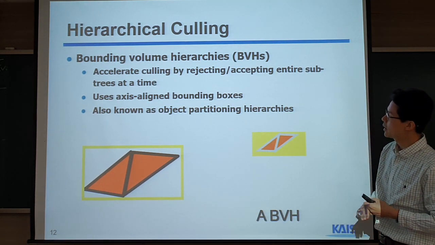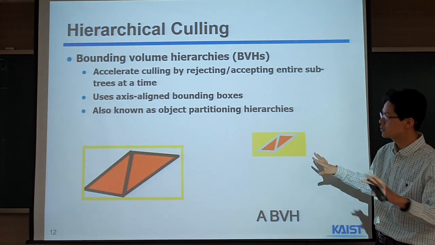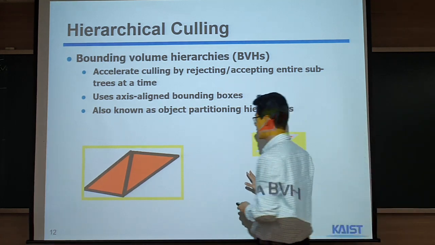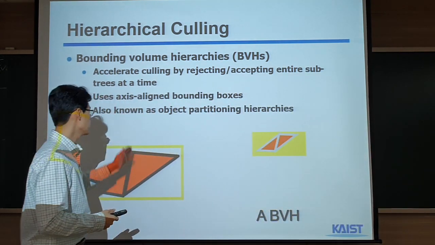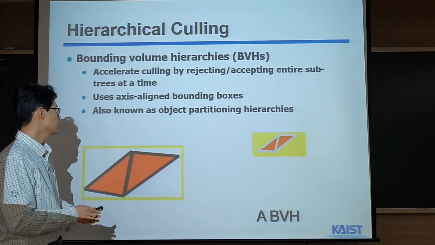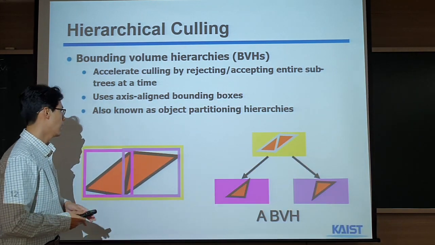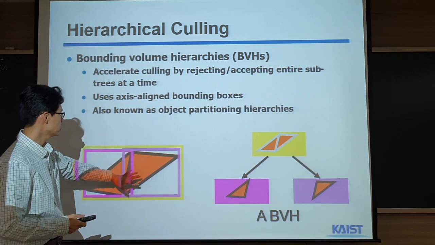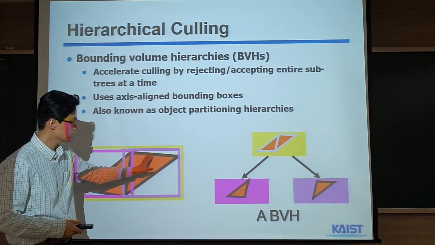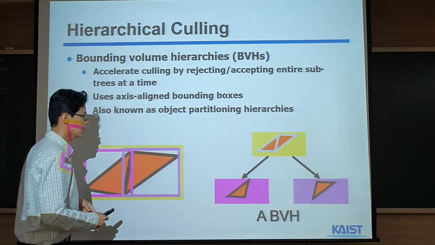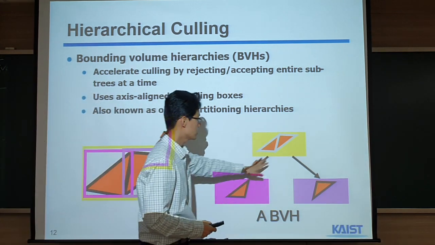Then we partition the triangles into left and right. To partition, we can use the median line of this bounding volume, breaking the longest width. Given that, we partition this triangle to the left and this triangle to the right, and treat them as the left child and the right child.